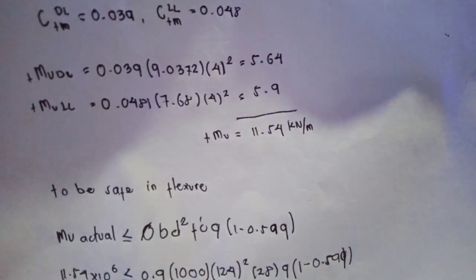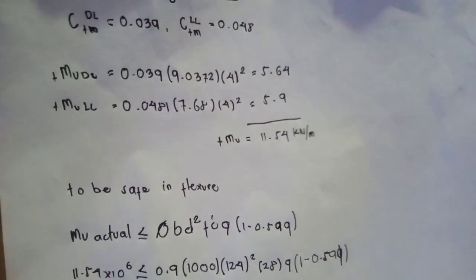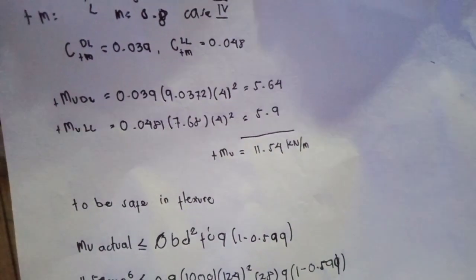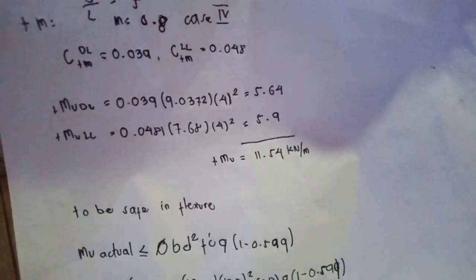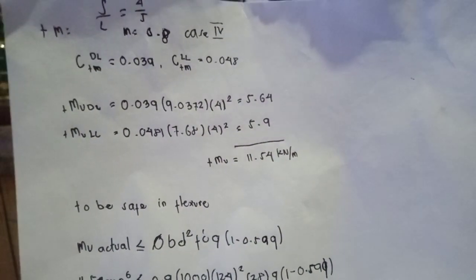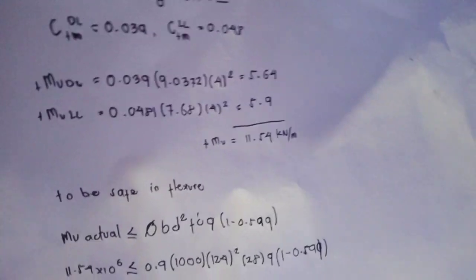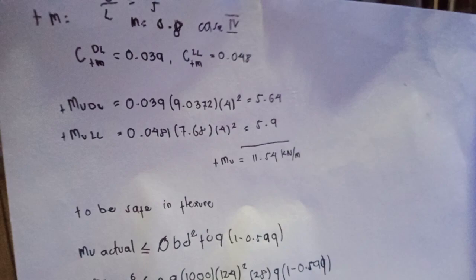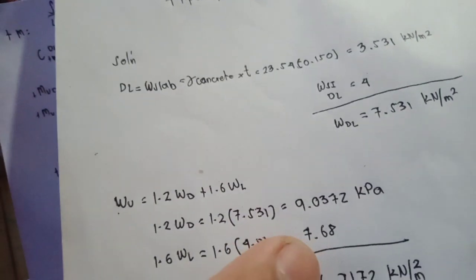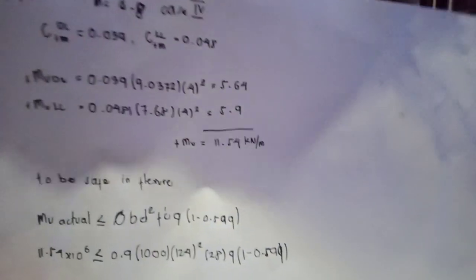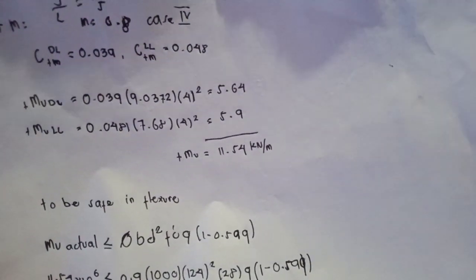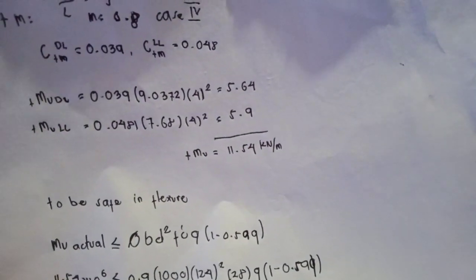So our mu positive live load is equal to 0.0481 times 7.68. So as we can see here, 7.68 and S equals 4 squared. 4 squared equals 5.9.